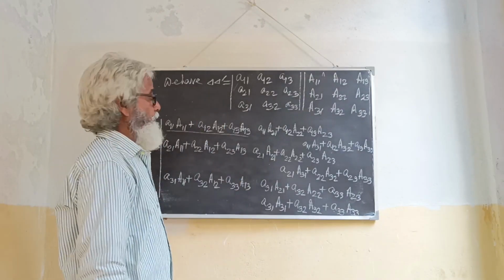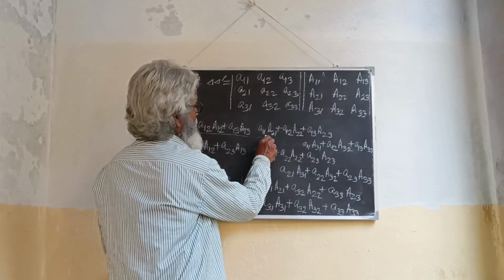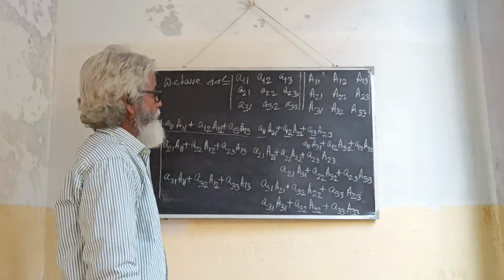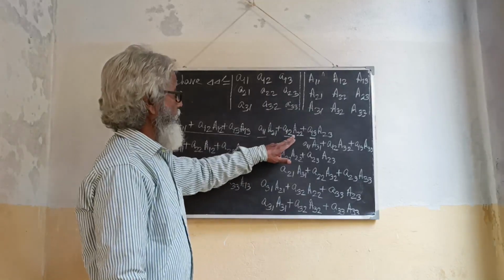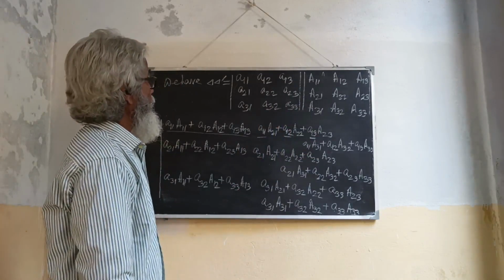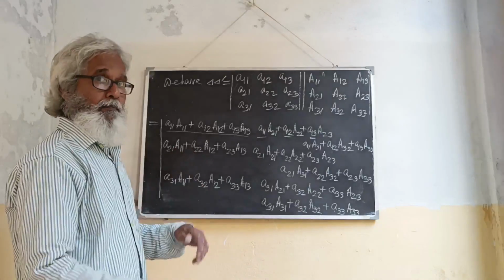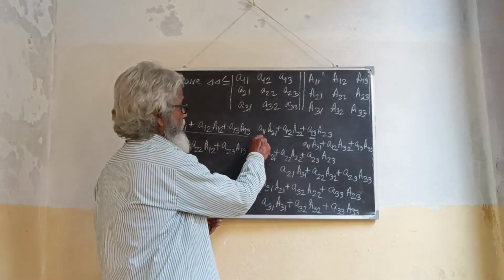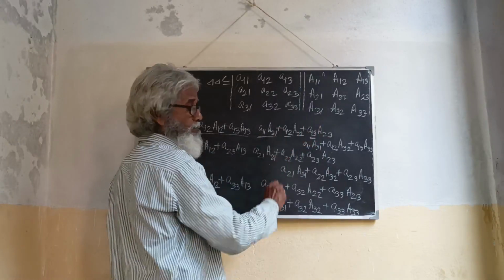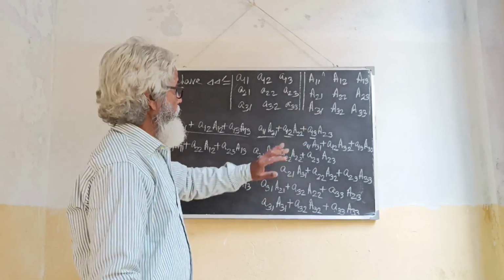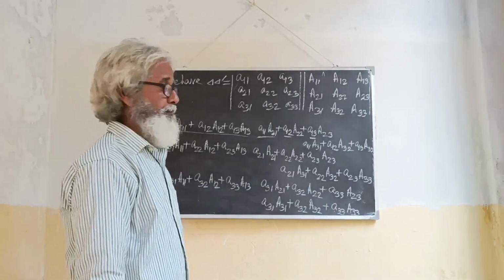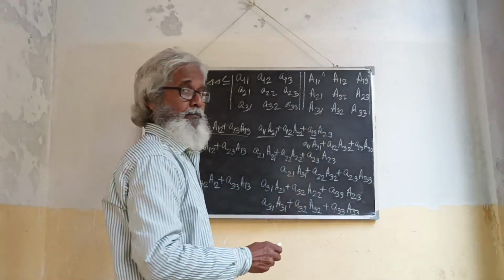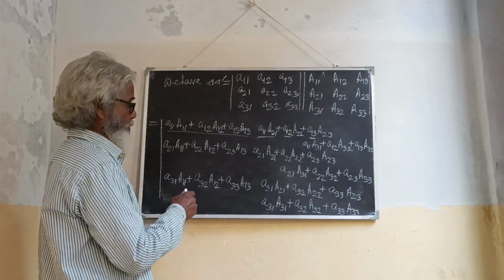Property number 2: these are the elements of first row, and these are the cofactors of corresponding elements of another row, that means second row. We have taken their product and algebraic sum. By property, the value of this must be 0. And you see, in similar fashion, the value of this must also be equal to 0.